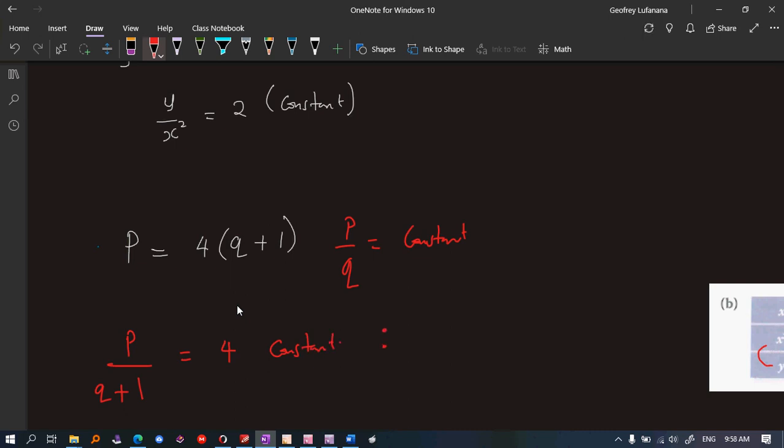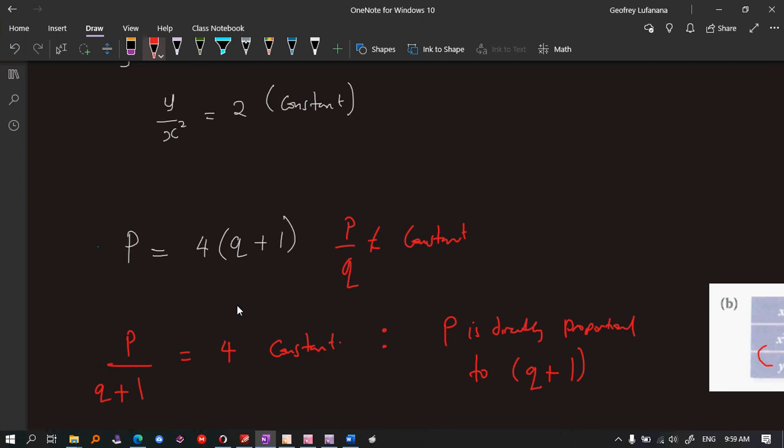Now, in this case, p is directly proportional to q plus 1, not just q. It's directly proportional to q plus 1. Why? Because p over q plus 1 equals 4.